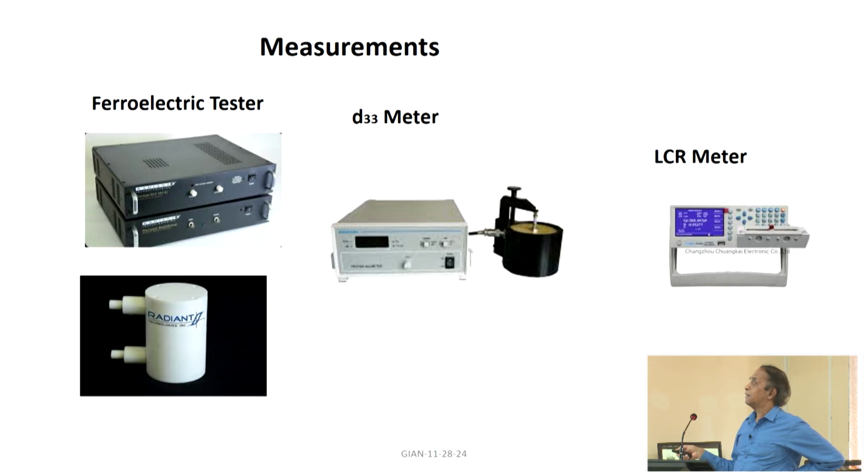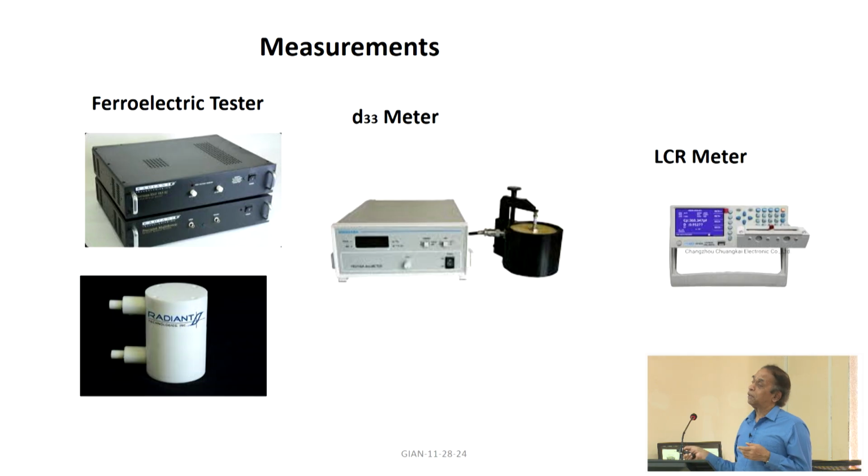There is an external sample holder, or the one we use, it is an older model. The sample goes on top with a mechanical vibrator. It will vibrate on the sample surface, and then that will produce a voltage. The unit measures that voltage, and it is converted to d33 in the unit of picometers per volt.